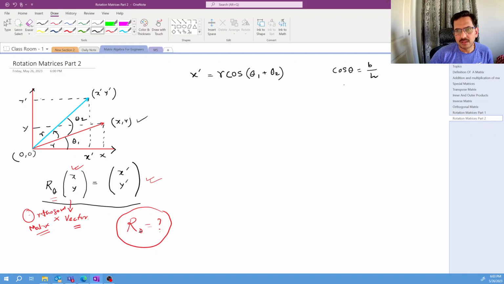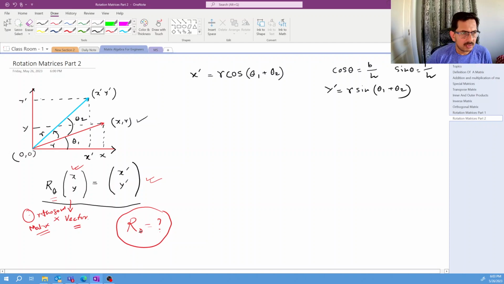And y dash is r sine of theta 1 plus theta 2. And what is the formula for sine theta? Sine theta is perpendicular by hypotenuse, so perpendicular is this one, which is y dash, by hypotenuse r. So we found x dash and y dash.